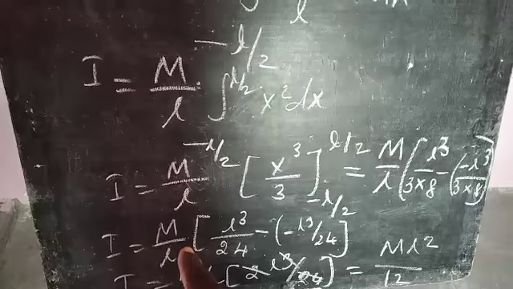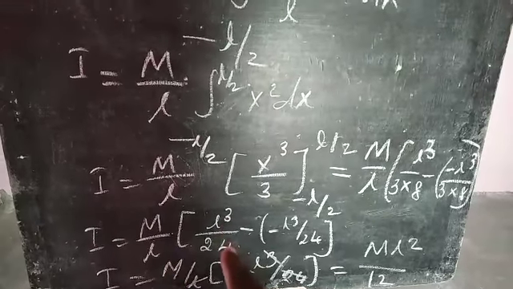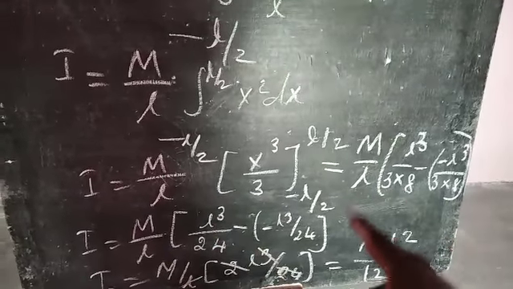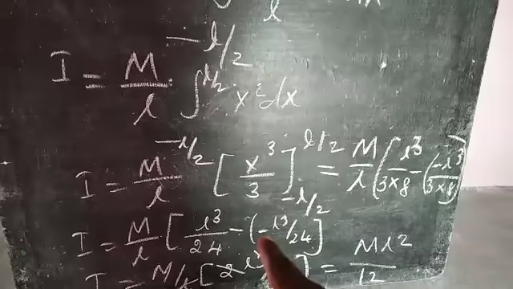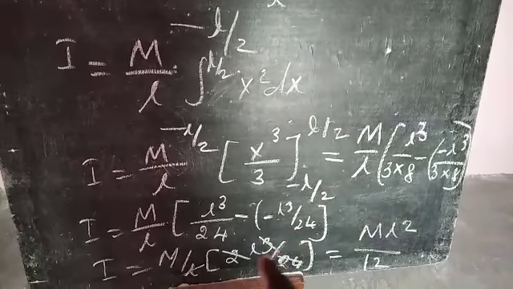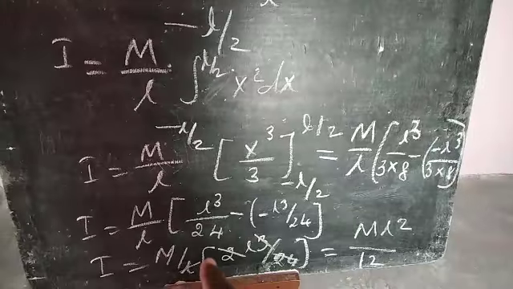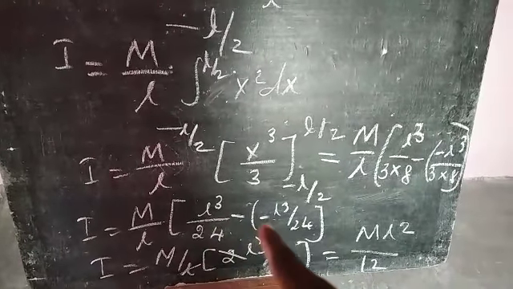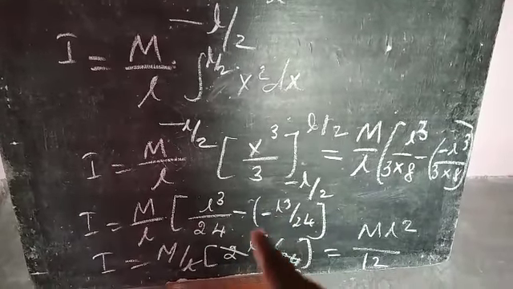So I is equal to m by L, L cube by 24 plus L cube by 24. So 2 L cube by 24.